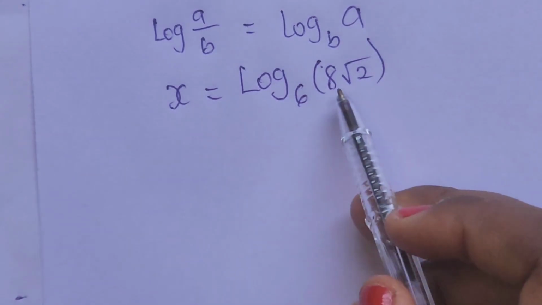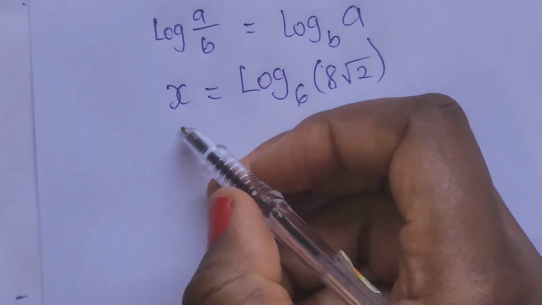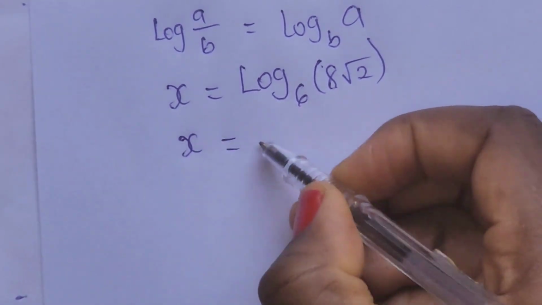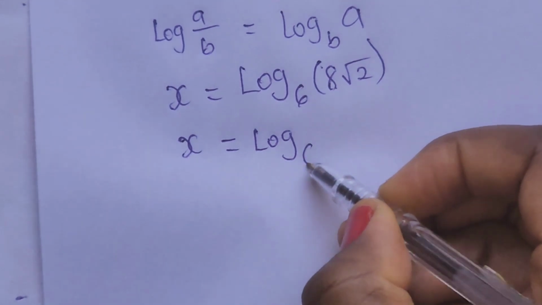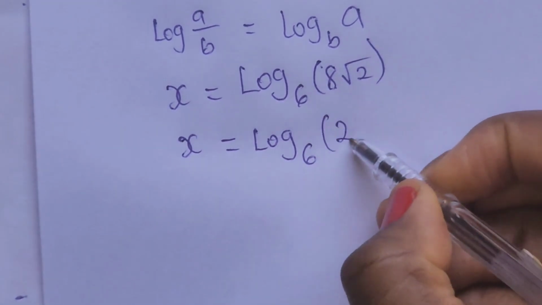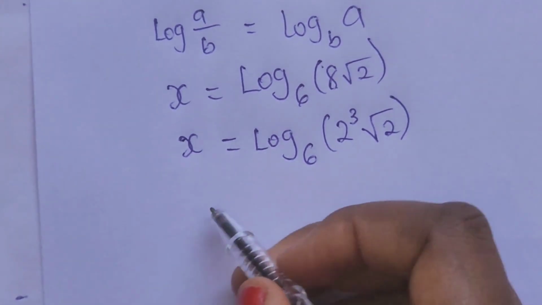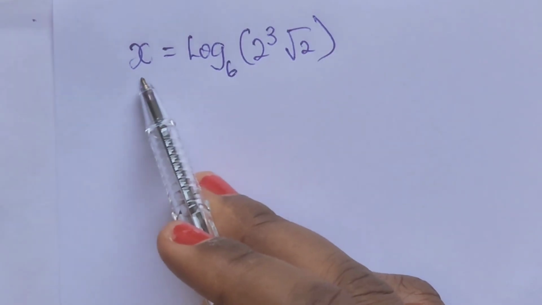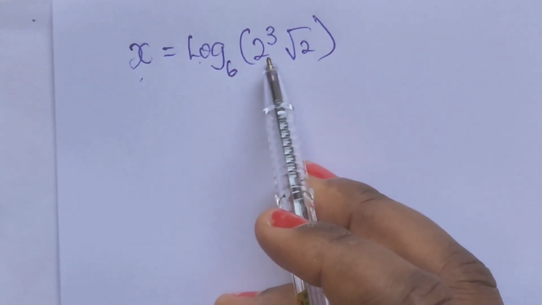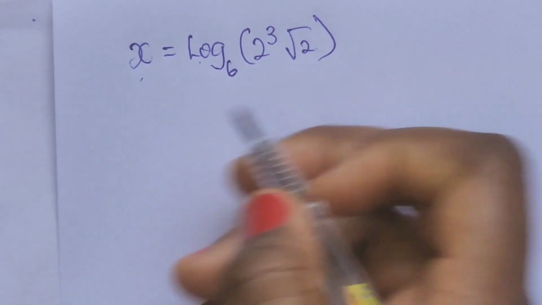So from here let's rewrite our 8 back to the exponential form to have x to be equal to log to base 6 of 2 to the power of 3 root 2.